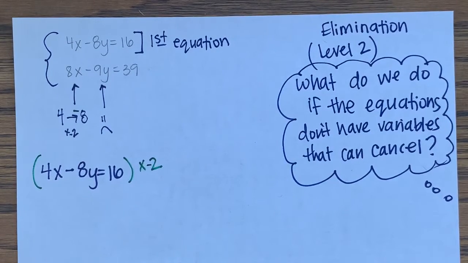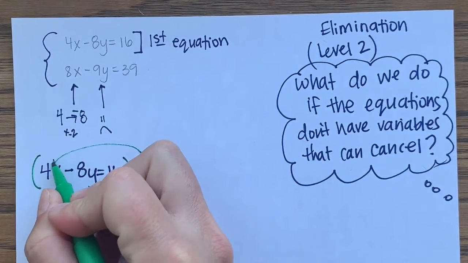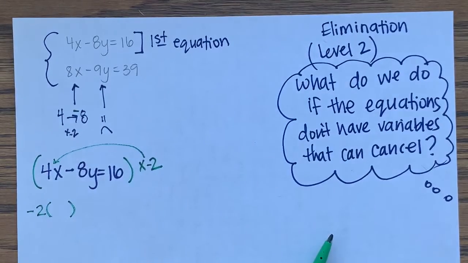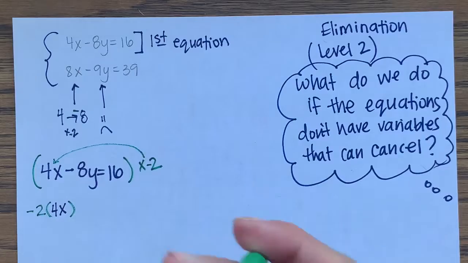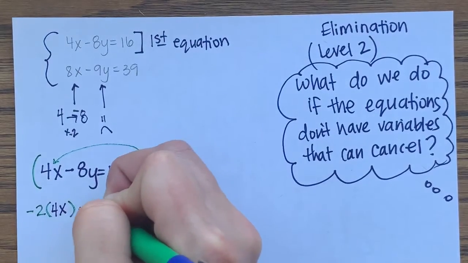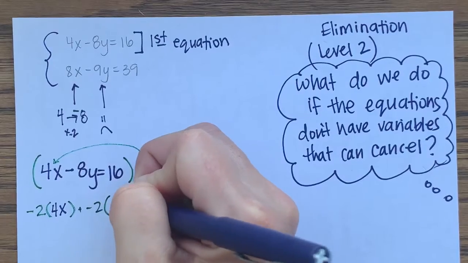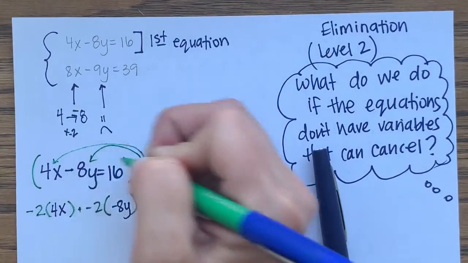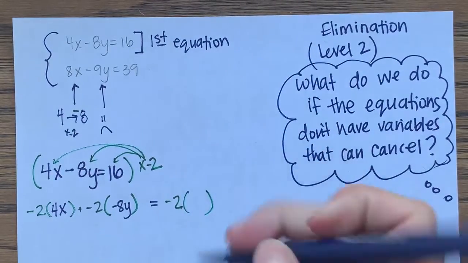So to do that, I take my negative 2 and I have to distribute it to everybody on the inside. So I have negative 2 times 4x, and I have negative 2 times negative 8y, and finally I have negative 2 times 16.